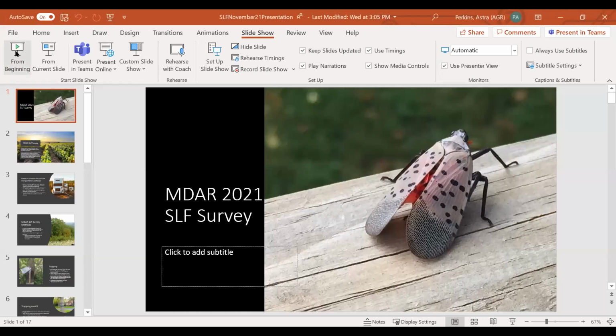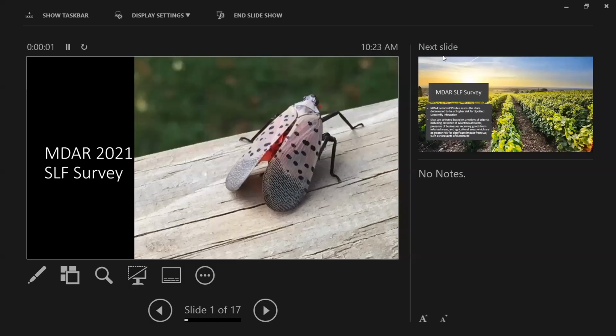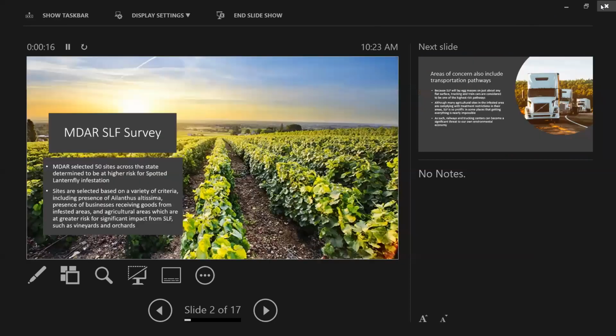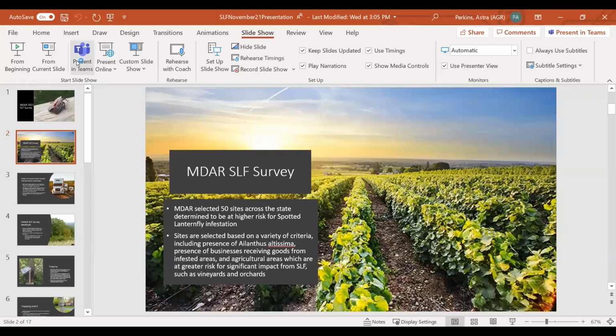Let me see if I can present this. Wow. Can you guys see just the thing or like the next? It's not the presentation, it's like the preview. All right. Let me get out of here. Hang on. Nope, that's gonna be the wrong thing. The way that I did it was that I stopped sharing and then I went back and started the presentation, and then I shared that presentation screen.